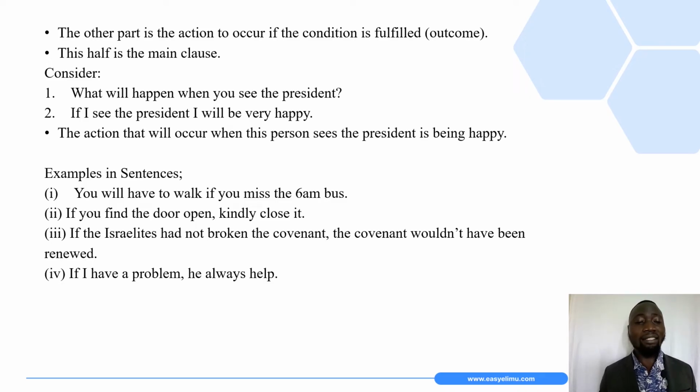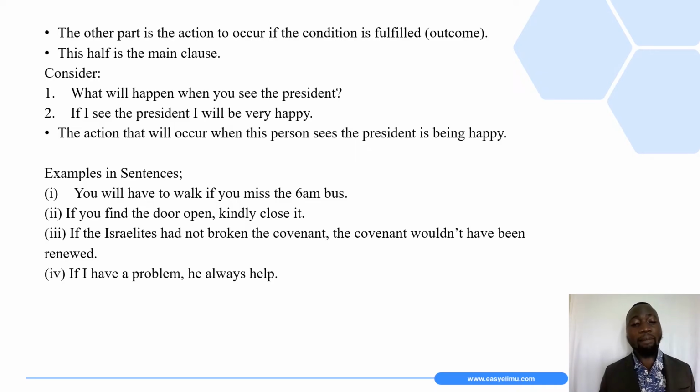Then there is the third sentence: if the Israelites had not broken the covenant, it wouldn't have been renewed. Again, this talks about the outcome. The covenant was renewed because the Israelites broke it. So if they had not broken it, then it wouldn't have been renewed.